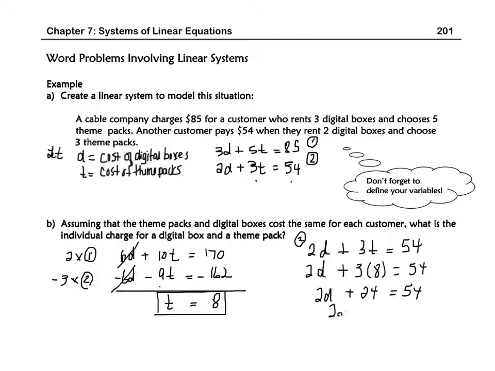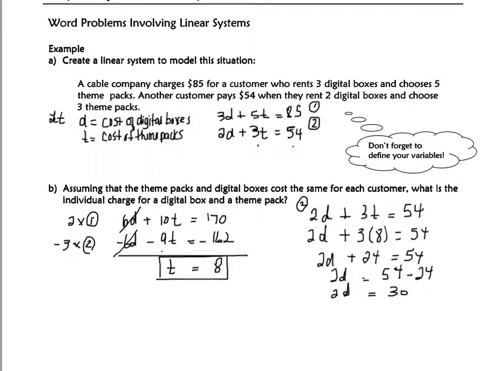So 2D has to equal 54 take away 24. 2D is 30. And then if I divide both sides by 2, I get that the digital box is 15.